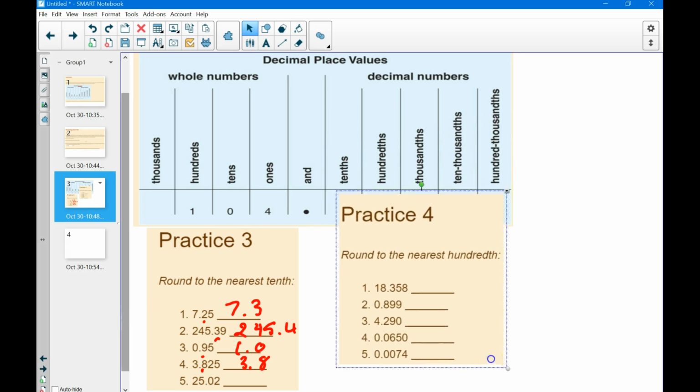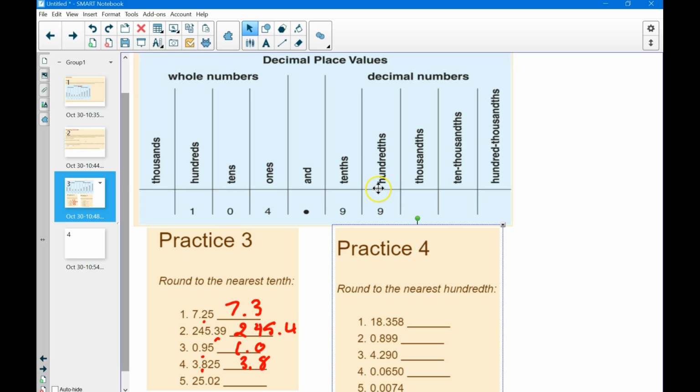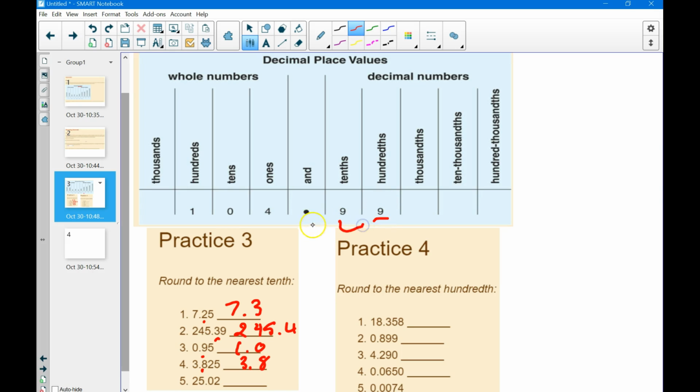A little bit different than the last one. You notice the hundredths place is two places behind the decimal. So we're rounding off the first one to the nearest hundredths. We're rounding off to right here now, to the 5. See the difference? Before it was one decimal place, now it's two, the nearest hundredths.